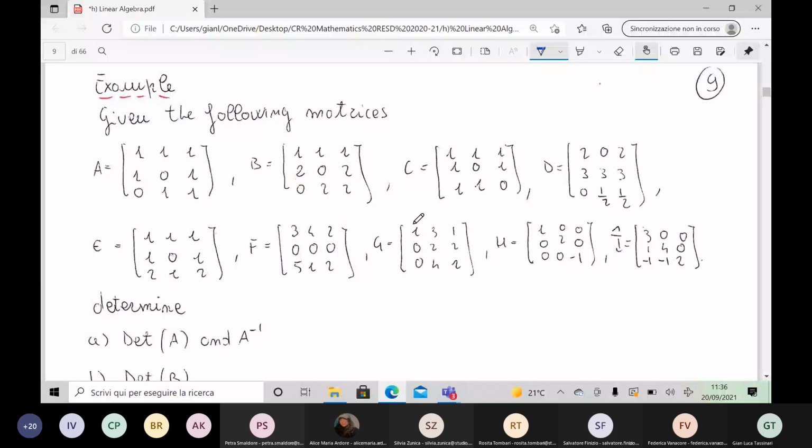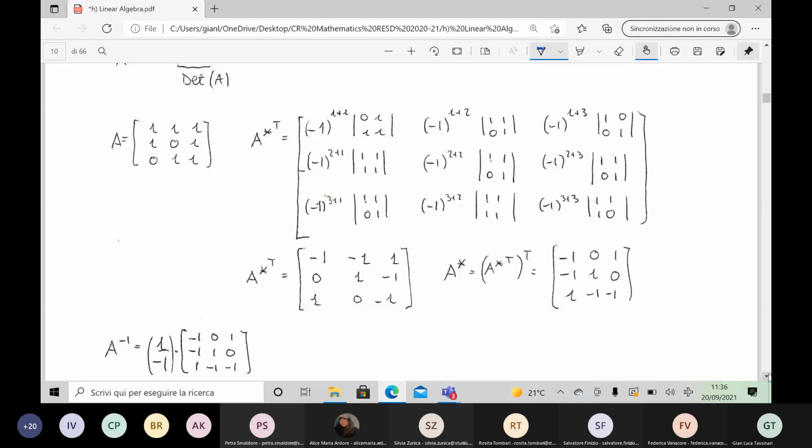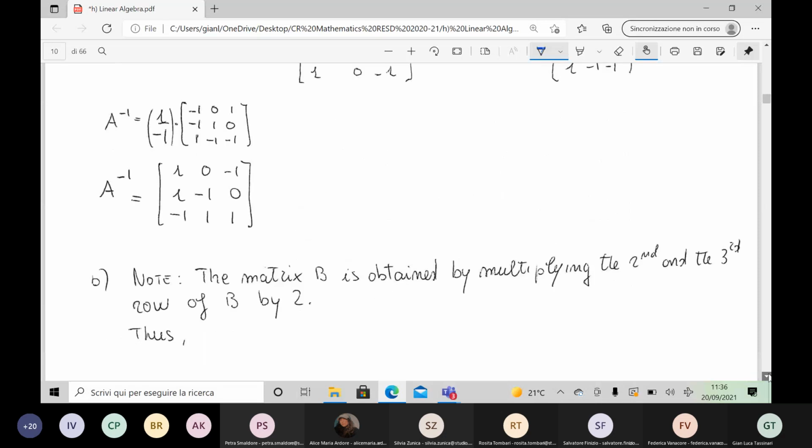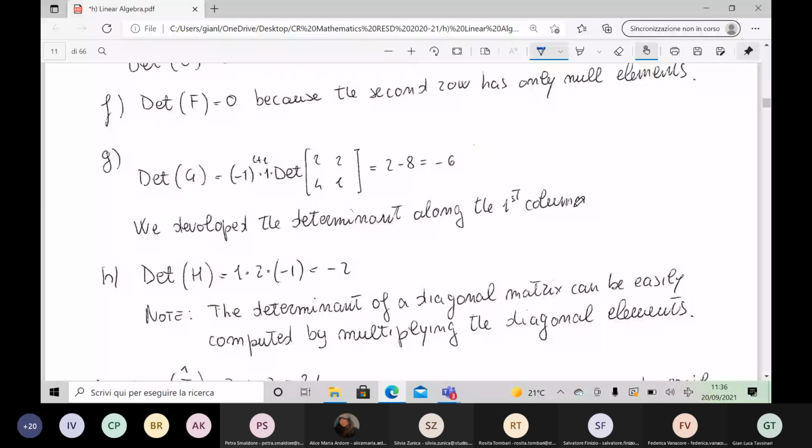Let me see below, which is the page. Yes, this was the trick, guys. We develop the determinant along the first column. So this is 1 times 2 is 2, minus 4 times 2, minus 8, so minus 6.